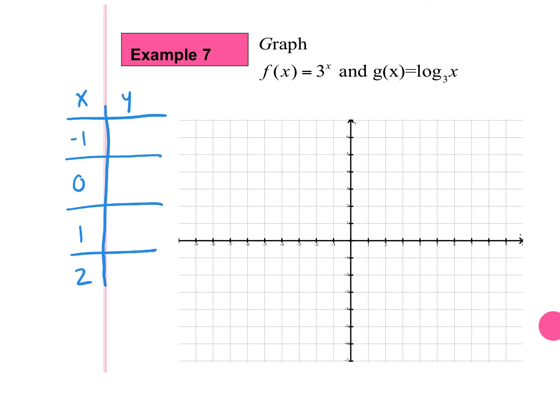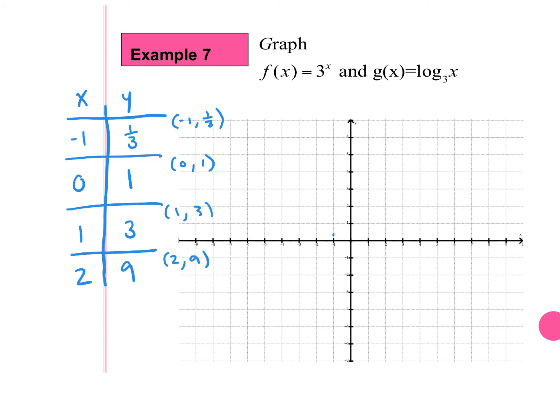So when I plug in -1, what's 3 to the power of -1? 1/3. What's 3 to the power of 0? 1. What's 3 to the power of 1? 3. And 3 to the power of 2? 9. So my points here would be -1, 1/3; 0, 1; 1, 3; and 2, 9.